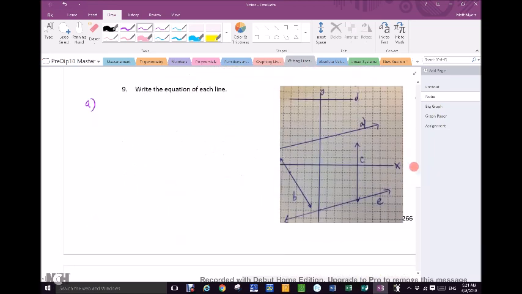Anyways, back to A. What form are you going to use? He waited patiently for someone to say one of the 3 options. Point slope. Which point are you going to use? You could use that one, which is 2, 4.